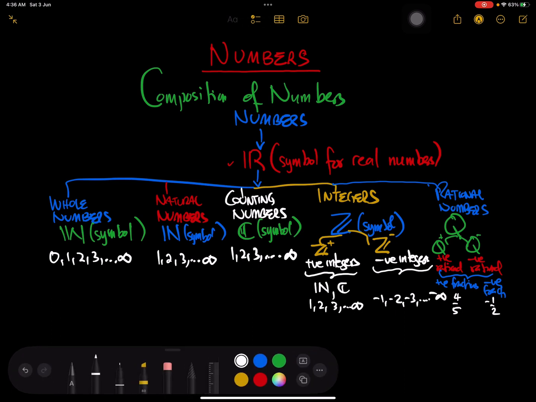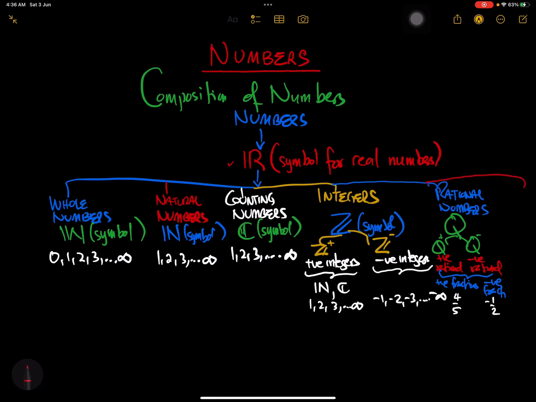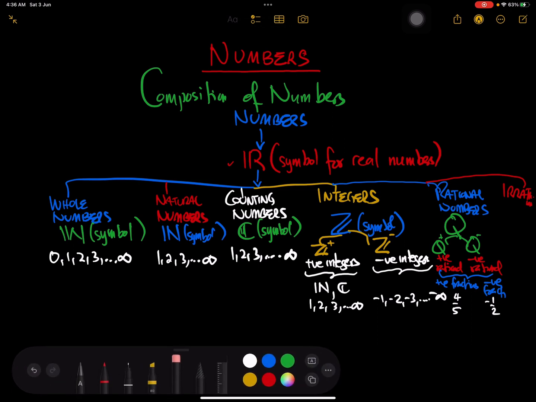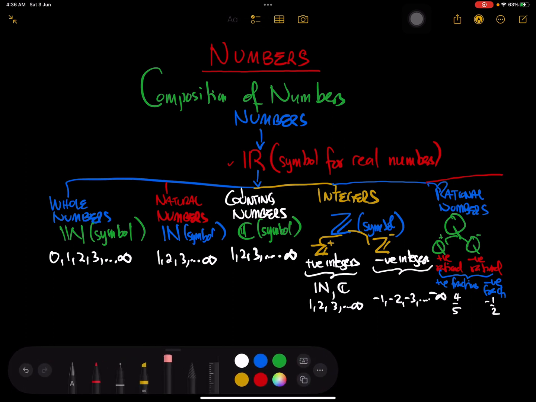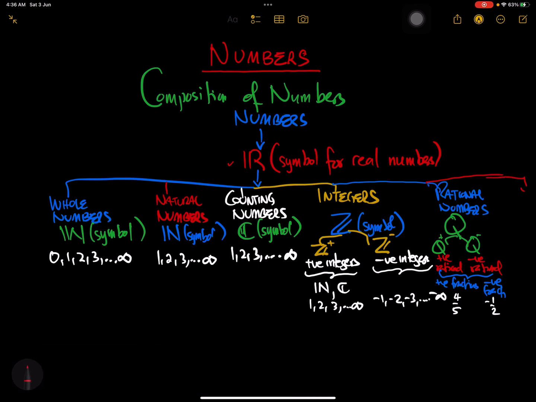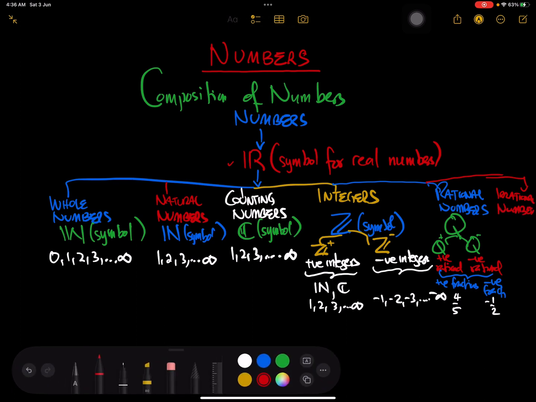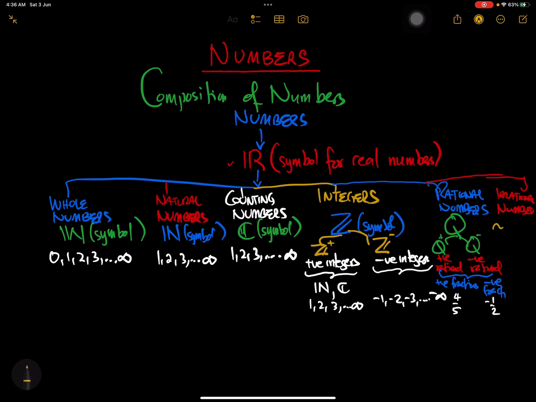Now, anything that is not a rational number is an irrational number.